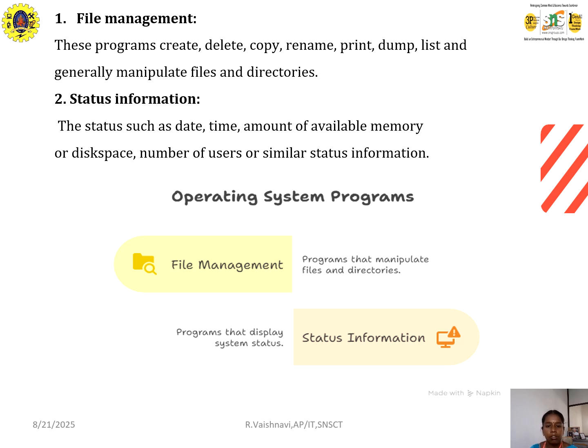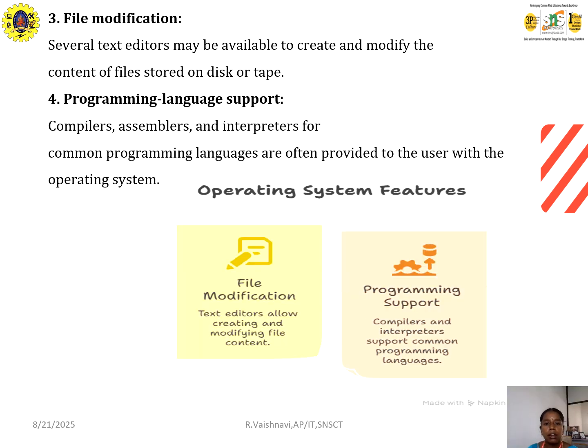First one, file management. As we saw earlier, the programs that manipulate the files and directories come under file management. And then status information: here the programs that display the system status come under status information. In the third one, file modification, the text editors allow creating and modifying the file content.